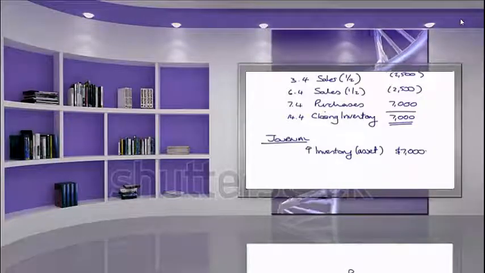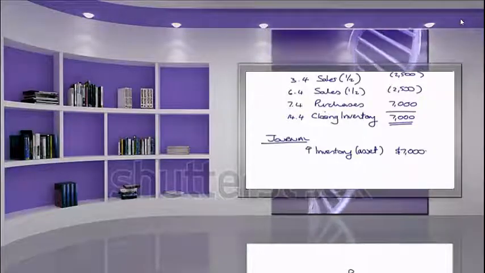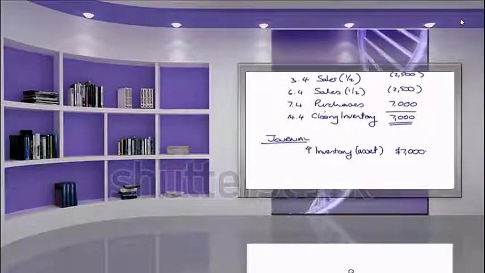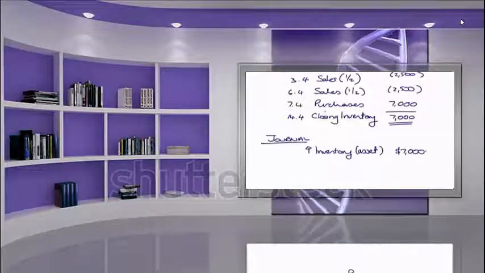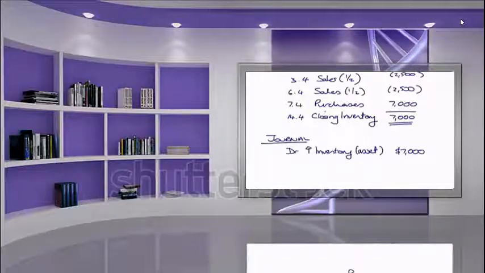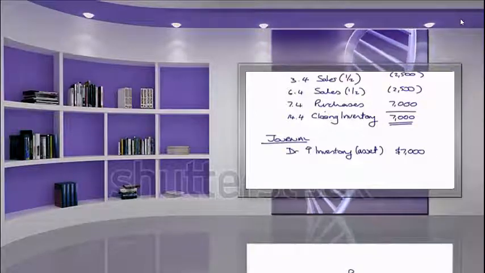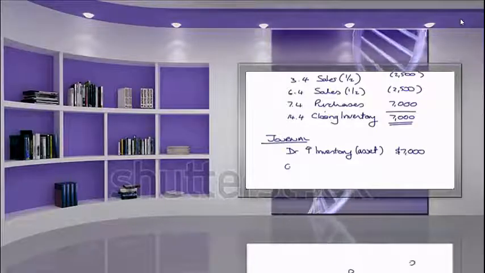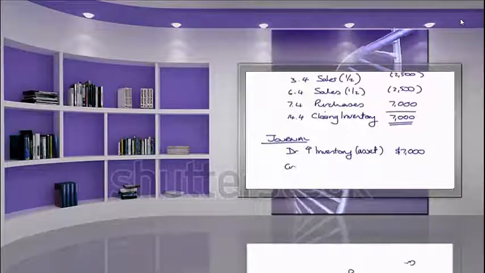Now, increase in an asset, a debit or a credit entry? Hopefully you're all saying debit, based on what we learnt in previous sessions. It is indeed a debit entry. And obviously, we're going to have a corresponding credit entry.